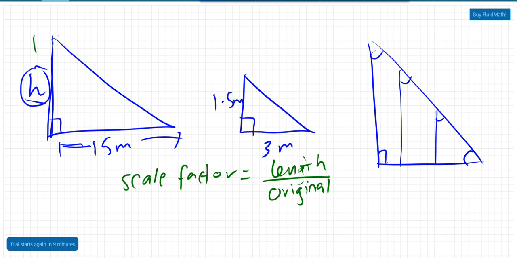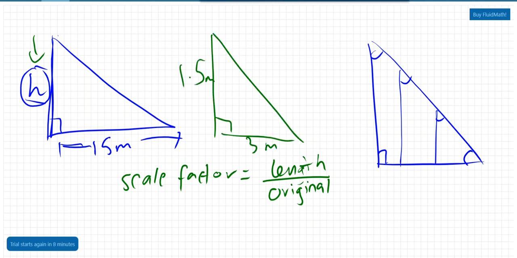And because we're trying to find h, we're going to start with this smaller one because we already have the information there. So to work out the scale factor, first do the original. The original is 3. We're looking at the bases, because we have the bases on both of these triangles. So I could only use the bases.